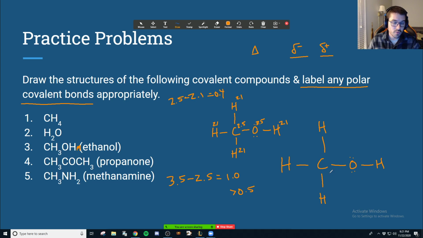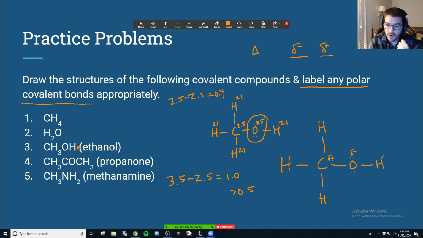Which element are they getting pulled closer to? Oxygen. Oxygen has the higher electronegativity value. And because electrons are negatively charged, the oxygen atom is going to be partially negatively charged, whereas the carbon atom is going to be partially positively charged. So when you determine that there's a polar covalent bond, it's across that bond that the two poles arise.